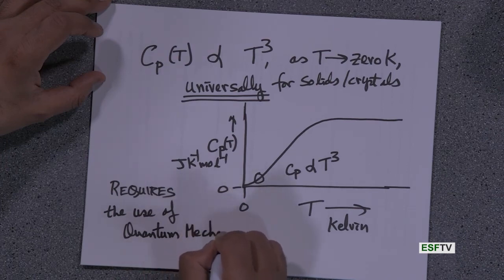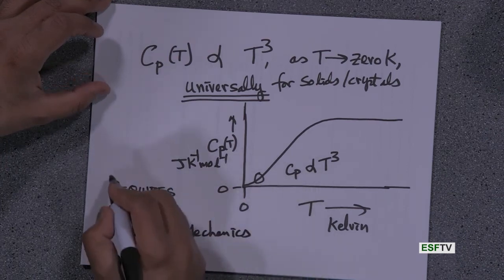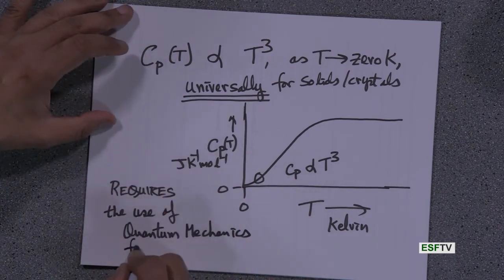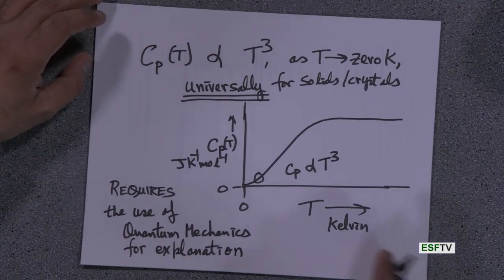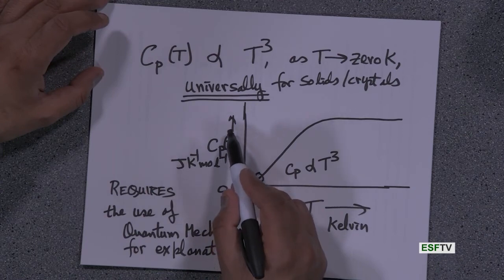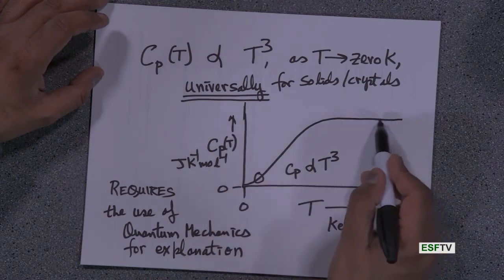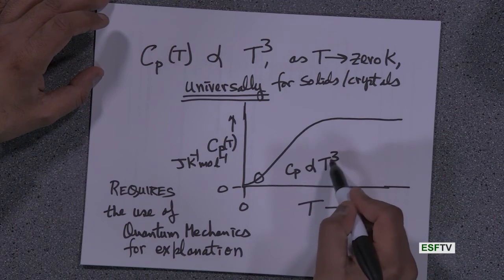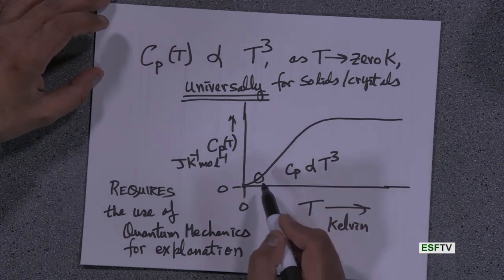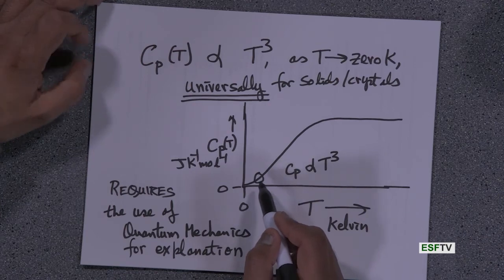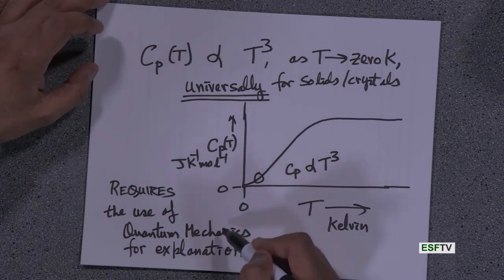And in fact, experimentally, this phenomenon, the fact that the heat capacity of solids went down approximately like T to the power 3 as the temperature approached 0 Kelvin, this was known several years before quantum mechanics was discovered.